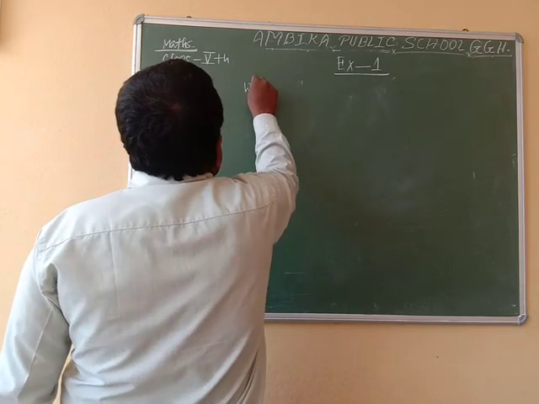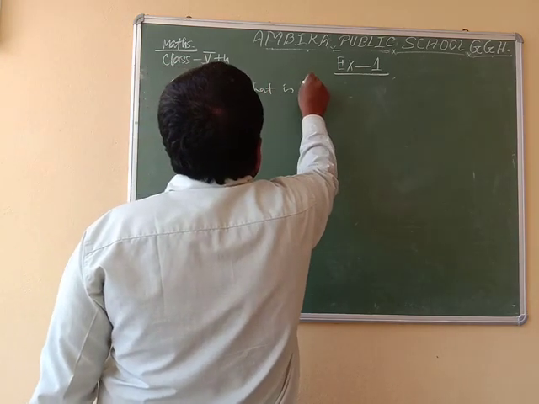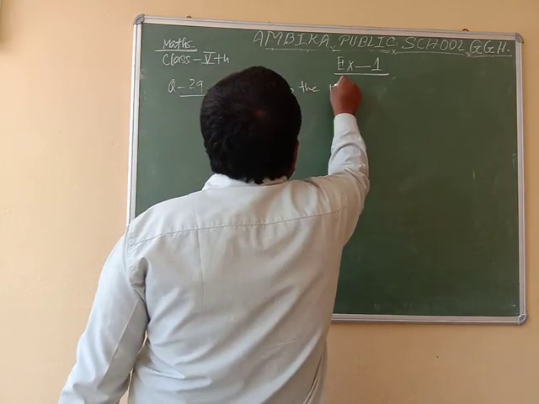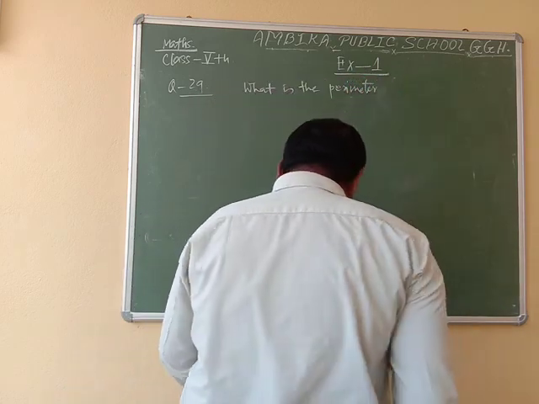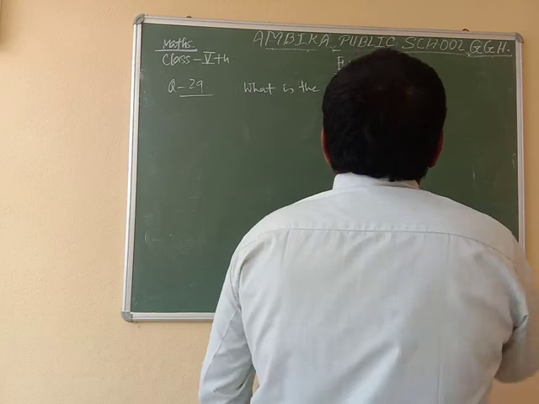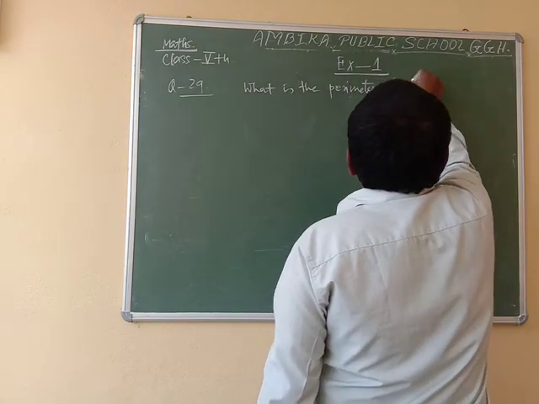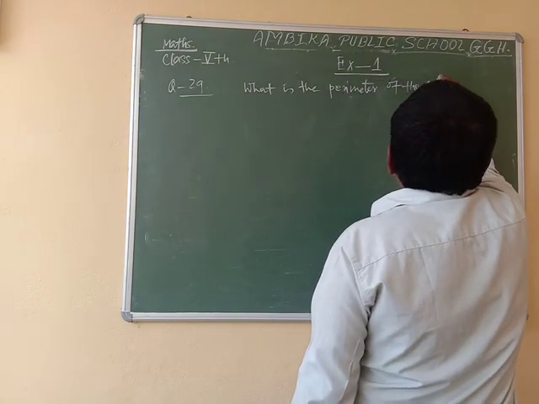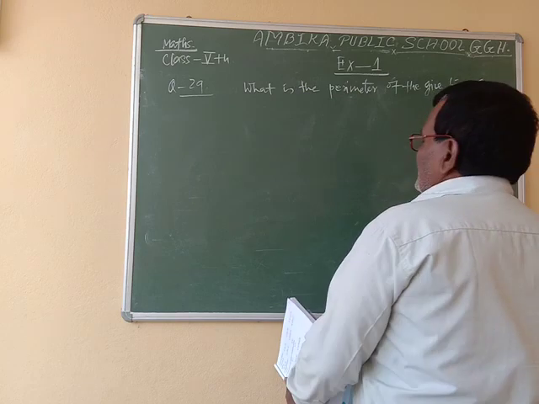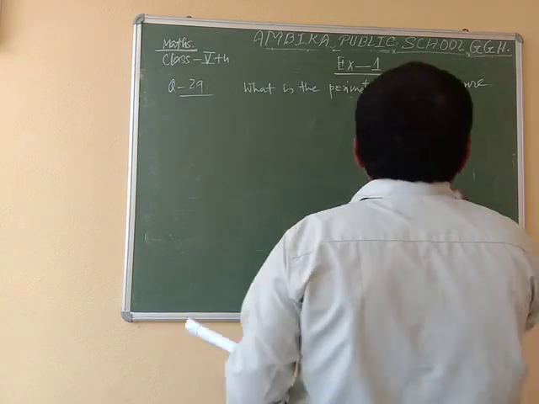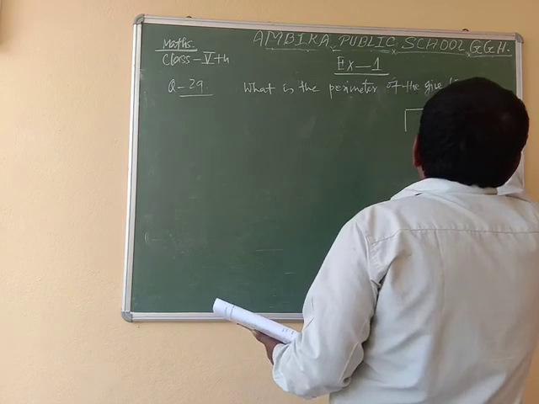29 number problem. What is the perimeter of the given figure? Figure is given here.